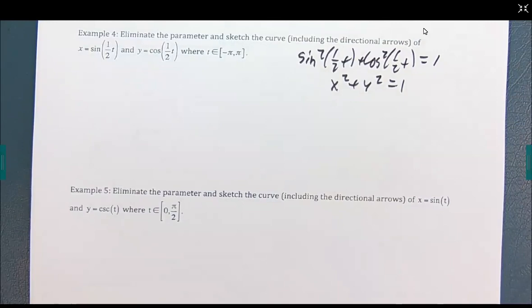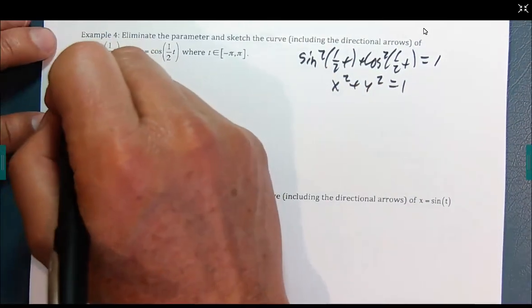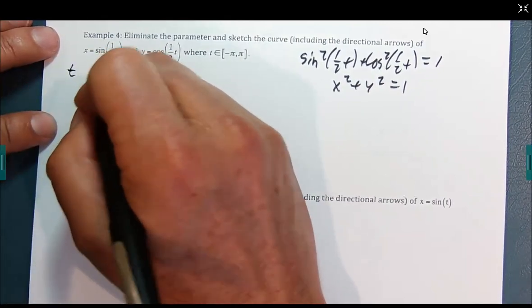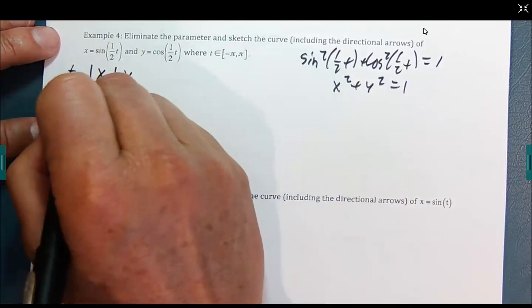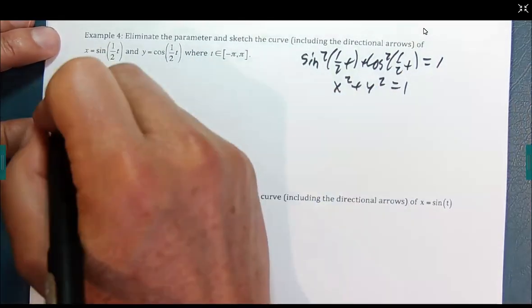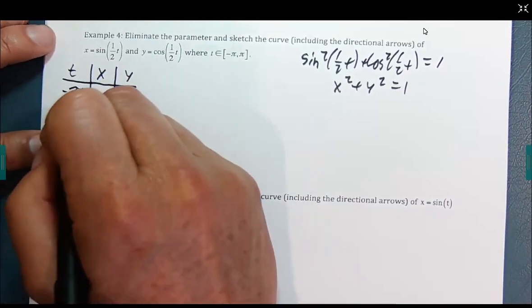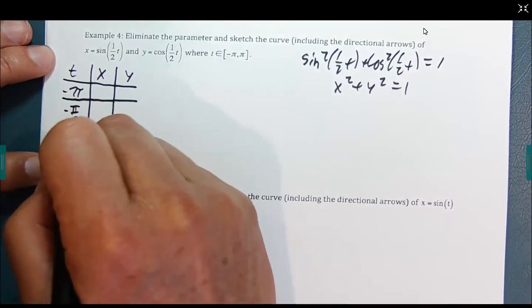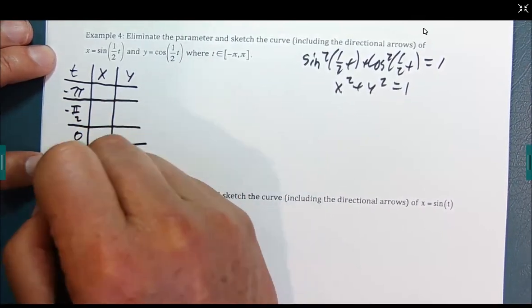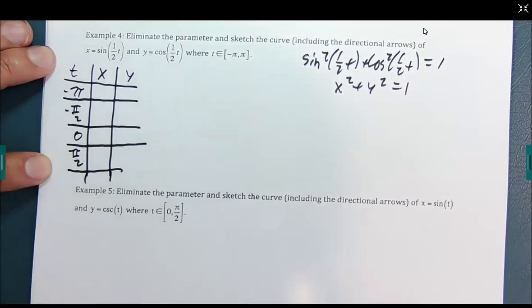However, because of the 1/2, and because we're going from negative pi, so this would be t, x, and y. And notice our interval is different. So this starts at negative pi. Then we'll go up to negative pi over 2, 0, pi over 2, then pi.